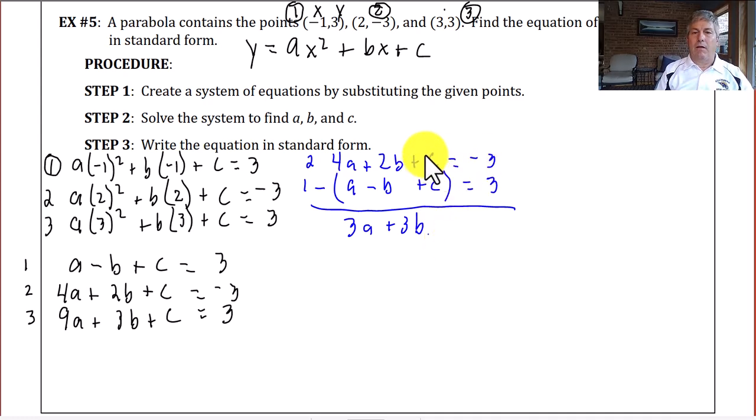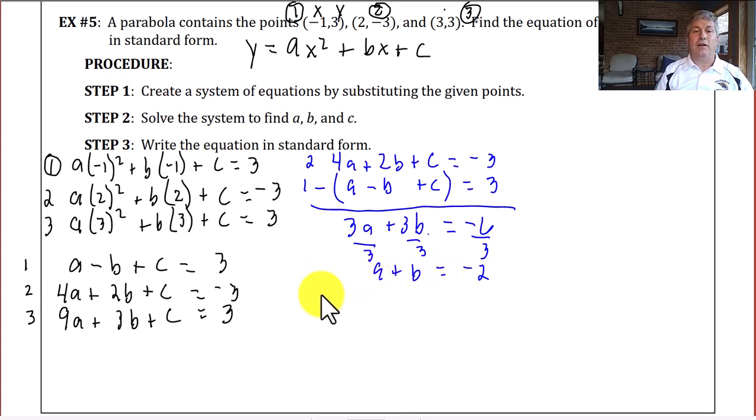And positive c and negative c are going to drop out, and I get -3 plus another -3 equals a -6. So now I have a new equation that's in 2 variables, a and b. In fact, in this one I can even simplify this, dividing it by 3, and I can get a plus b equals -2.